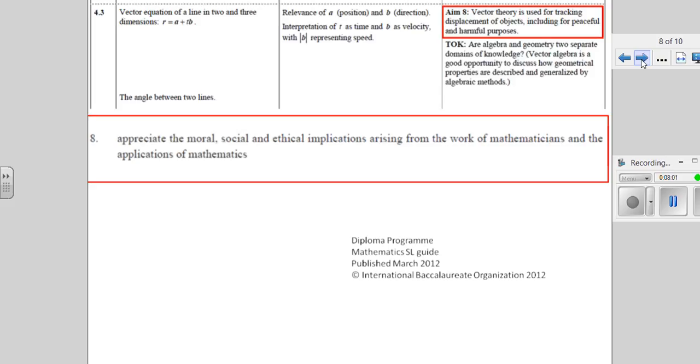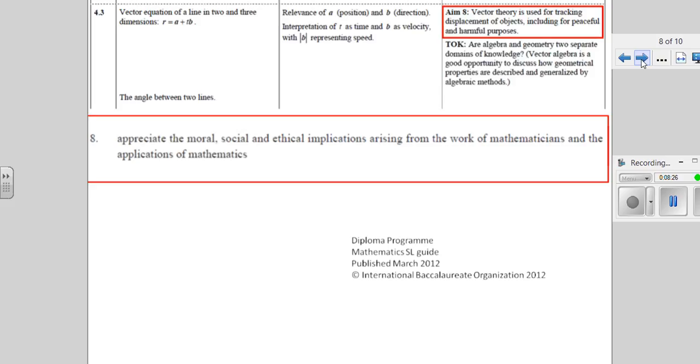Vector theory can be used for other purposes, such as coordinating when a cargo ship is refueled at sea, or coordinating search and rescue missions at sea, as well as for harmful purposes. It's interesting.